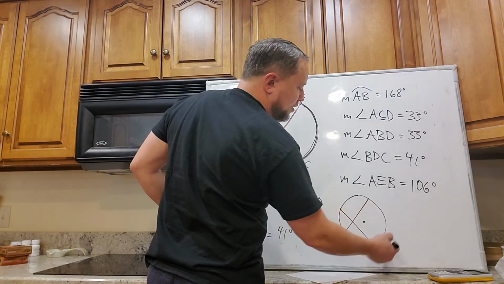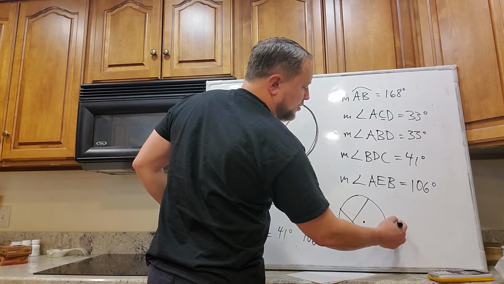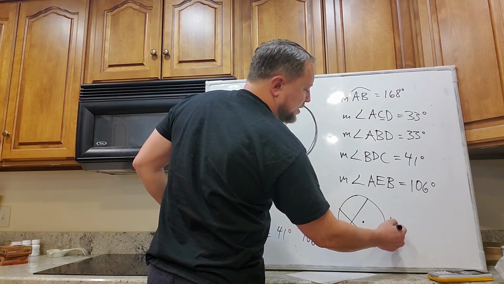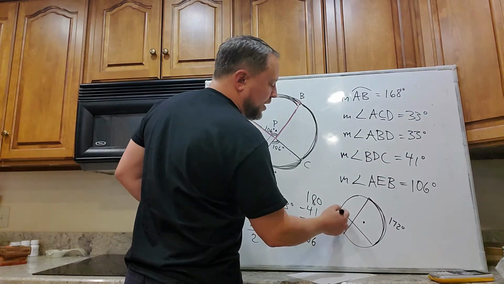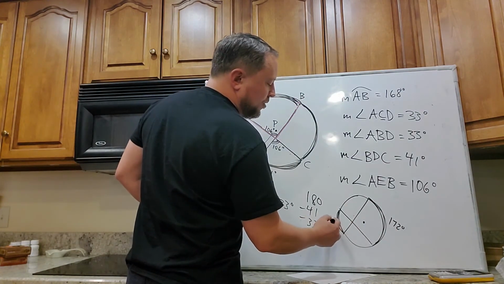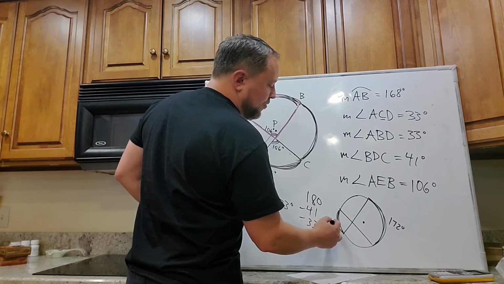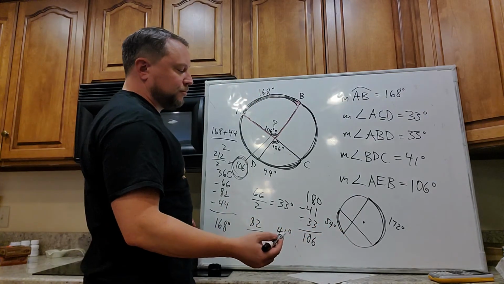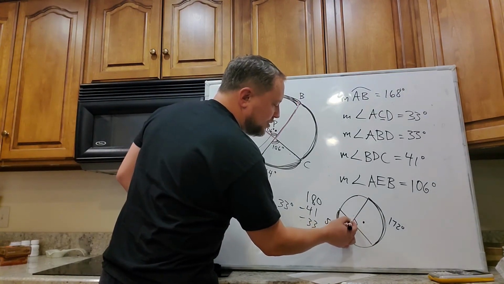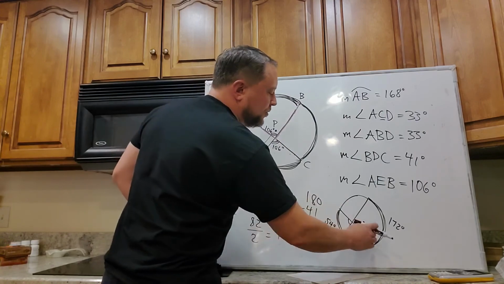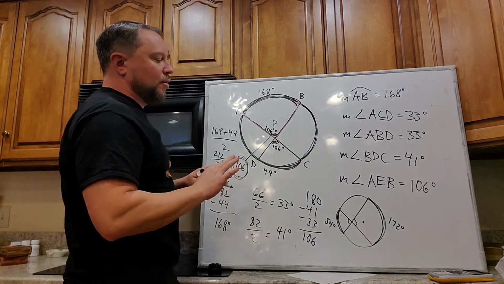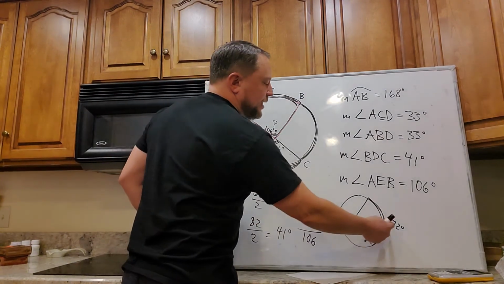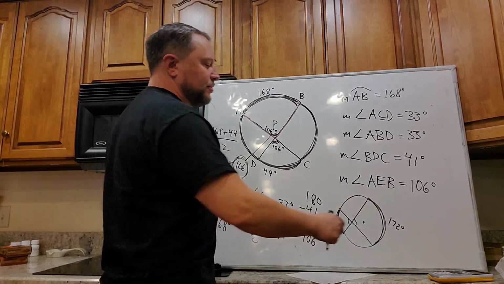So like if I knew this was 172 degrees for this arc, and then if I knew that this arc over here was 54 degrees, then these two angles in here that are formed when you follow those arcs in, those two vertical angles that I know already match, are going to be then the average of these arcs.